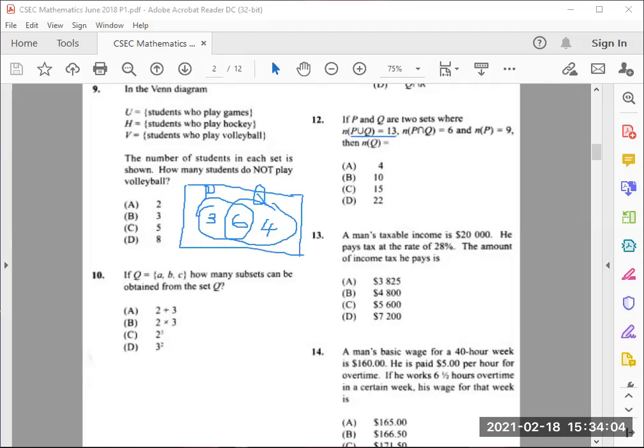So what you do now is you add the 6 and the 4. You add this with this, and you get 10. So this is the correct answer. Everybody understands that? Yes, sir. Okay.